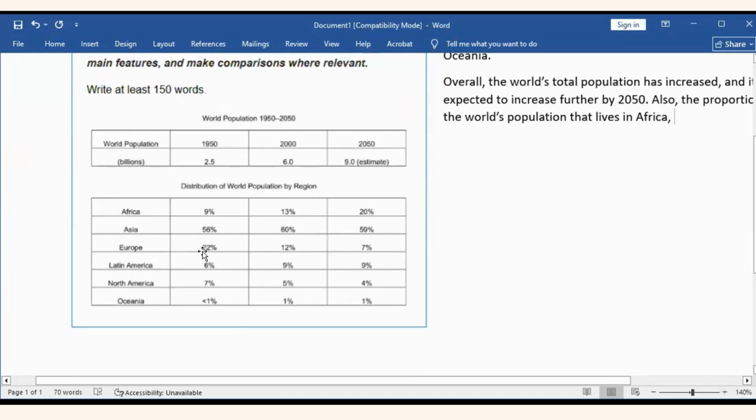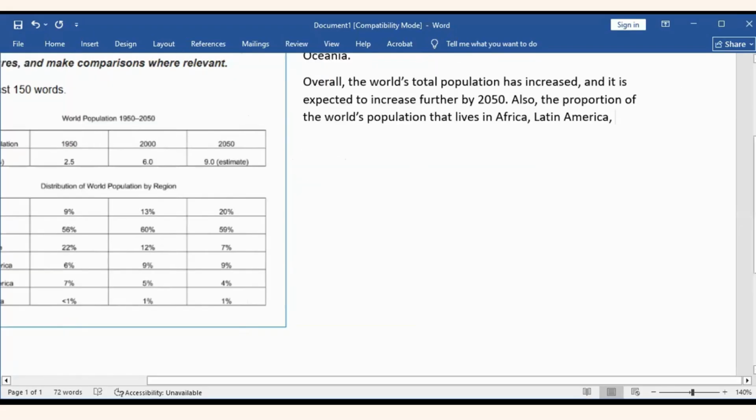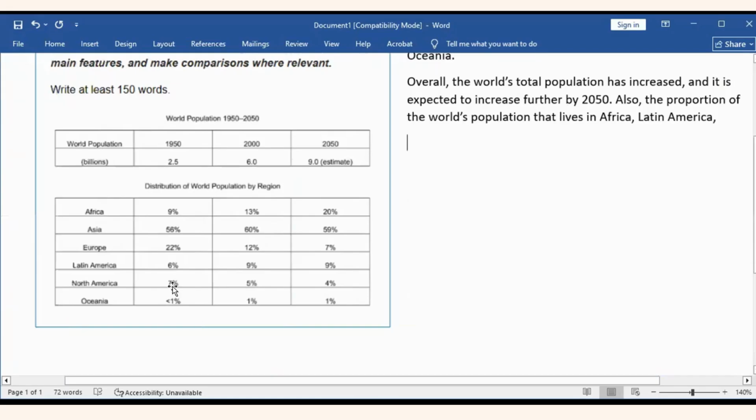Europe has reduced. Latin America has increased, so add Latin America. North America has reduced. Oceania has remained constant. So this is our overview.